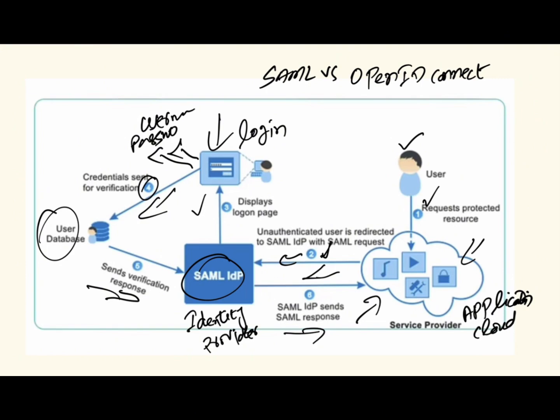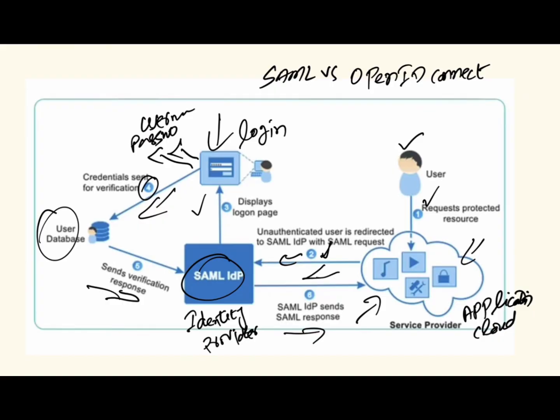So number 6, the IDP sends the SAML response to the SP. The IDP creates a SAML assertion saying the user is authenticated, and includes identity info, claims. The assertion is signed and sent back to the service provider. So it includes identity info, but the important point is it does not include the password. The password is never sent to the service provider.